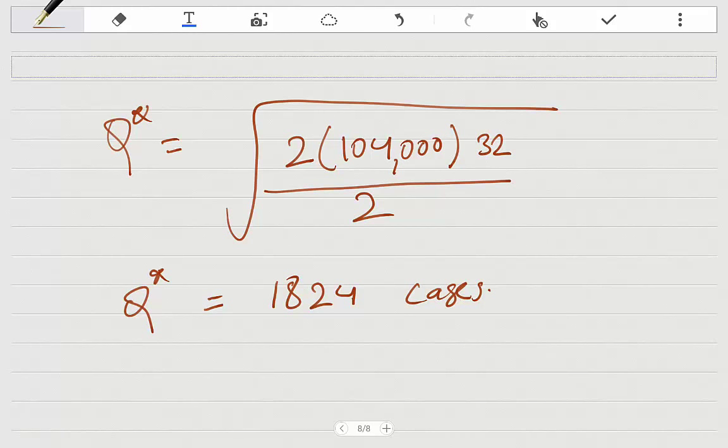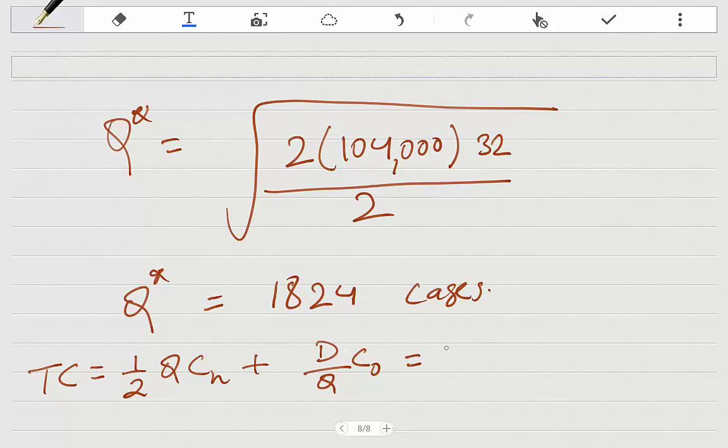You can find out what that total cost is using our earlier formula, which was TC equals half Q CH plus D over Q times CO. I'll leave this as an exercise for you.